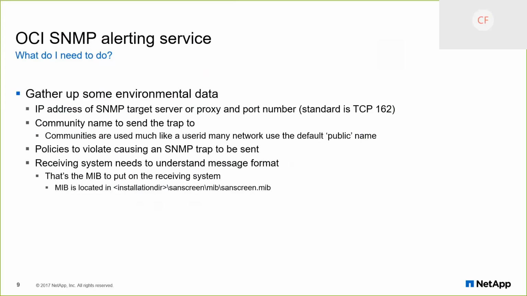That's what it was called originally: /mib/sandscreen.mib. This is the file you want to take and give to your SNMP administrator, and they will load that. Some people say compile, but you're really just loading it into their tools to properly decode messages that come from the OCI server.